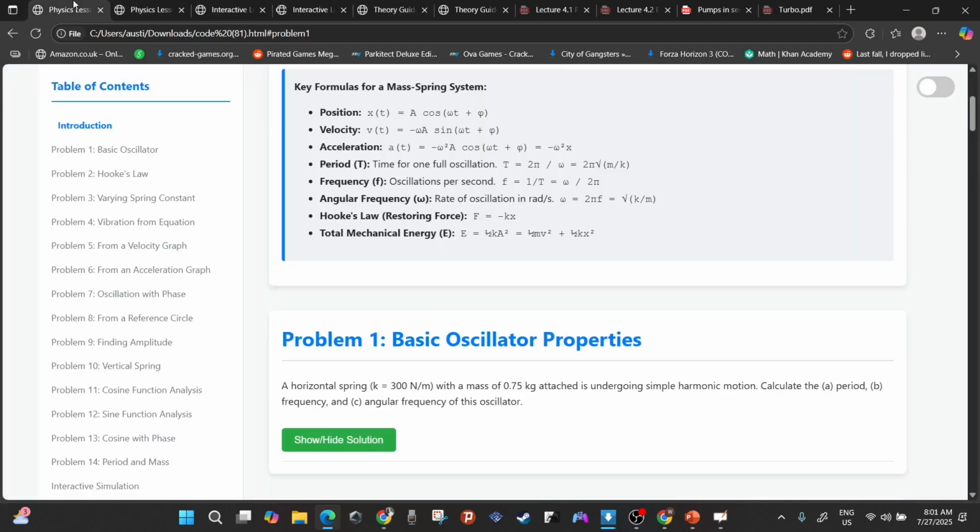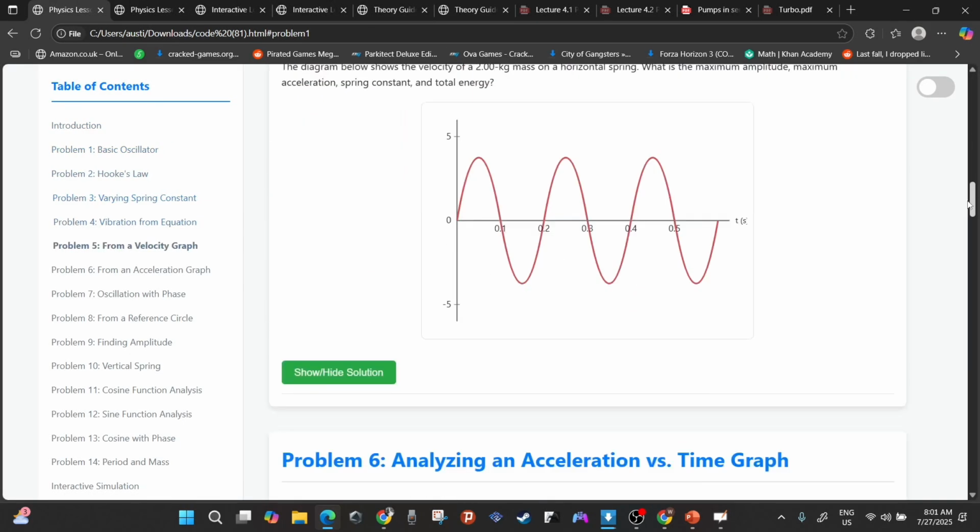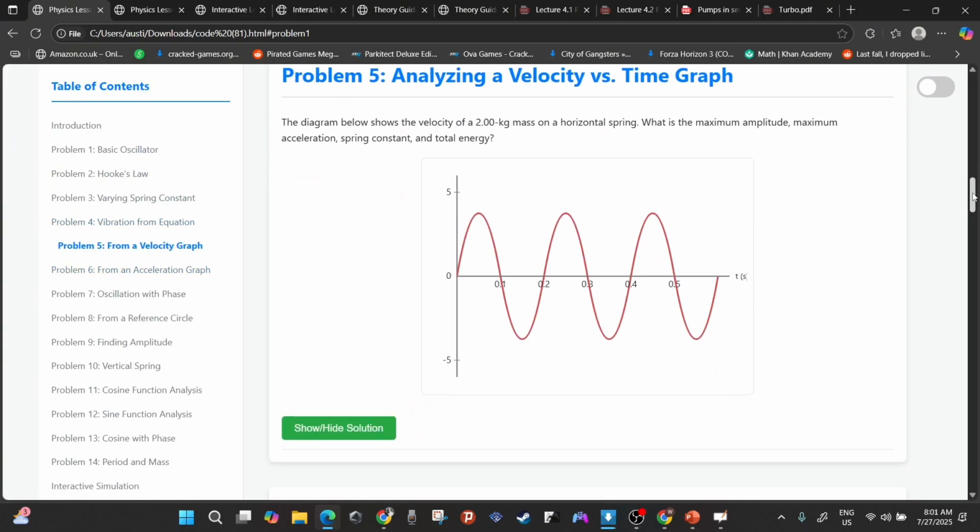We could view these graphs something like this, where this would be the amplitude, the highest and the lowest points. Those are the amplitude, basically. Simple as that.